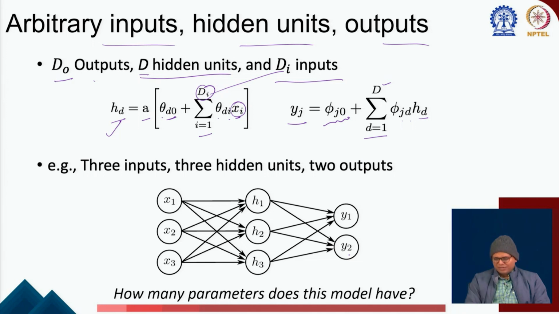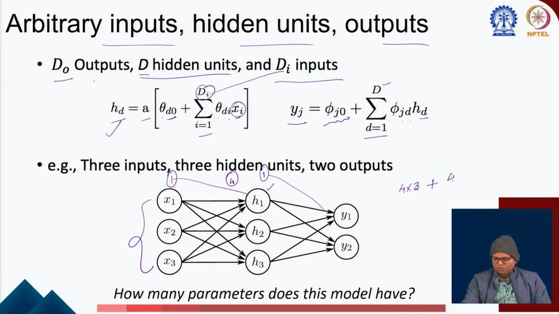So how many parameters will it have? It's not very difficult to compute. Each hi will take 3 inputs and a bias. So each hi will have 4 parameters, 4 into 3 for the hi, plus another bias, and this will feed to each output.